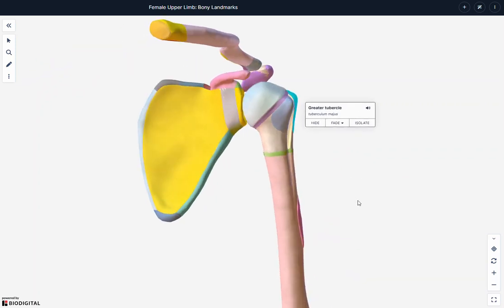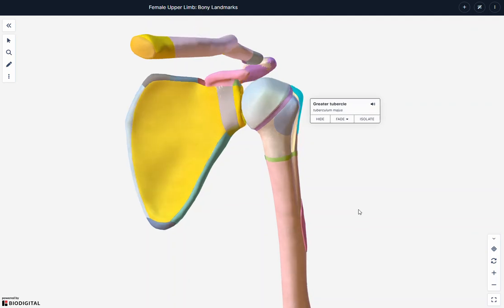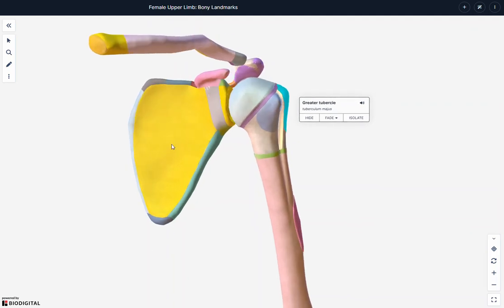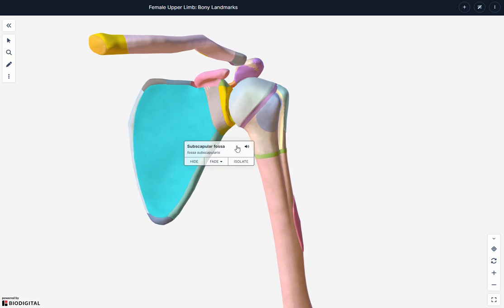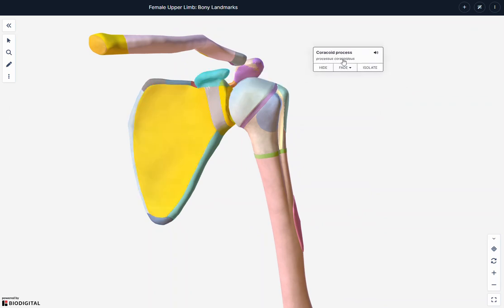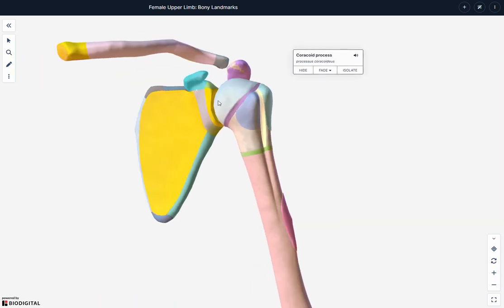All right, so let's look at our scapula anatomy. We have the subscapular fossa. This is the anterior side of the scapula. I want you to put into perspective here, the coracoid process projects anteriorly.